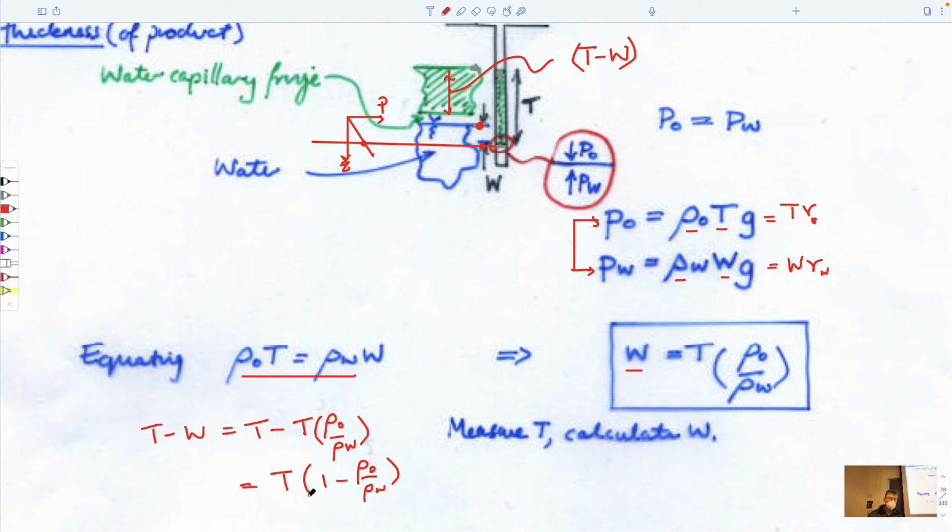This is always less than 1, and so the height of the free product, this T minus W, is always going to be less than the depth we measure, right?